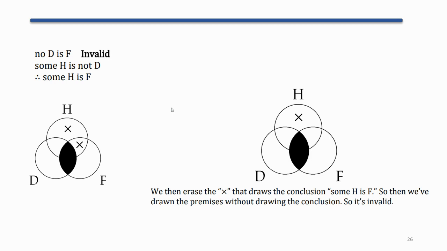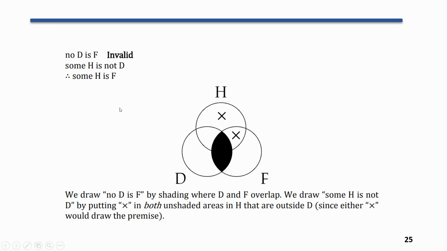Now the next one I'm coming to. Here, no D is F. Some H is not D. We are saying valid and invalid because that is not leading to a valid conclusion.